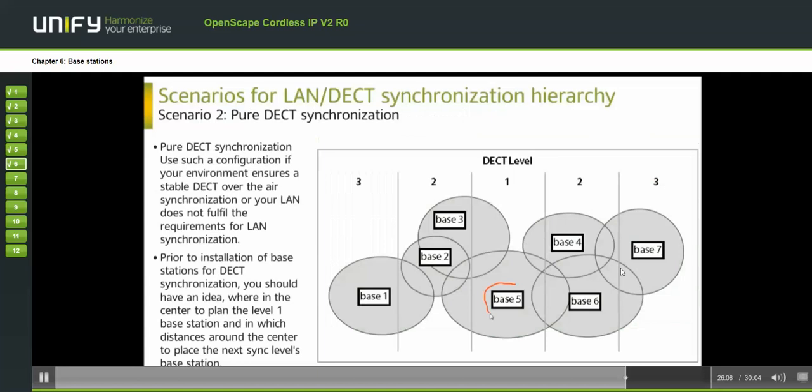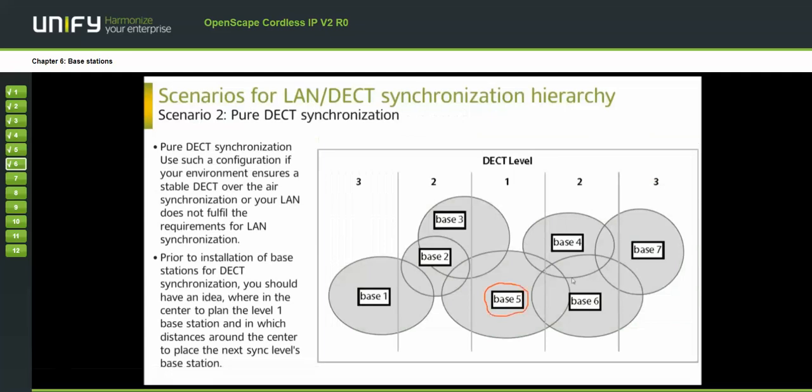Between this border, the radio signals can't cross, so you have to use LAN synchronization through that. In that case, we put base station 4 on DECT level 1, which is allowed to sync the base stations on level 2 and 3 here on top of the wall.